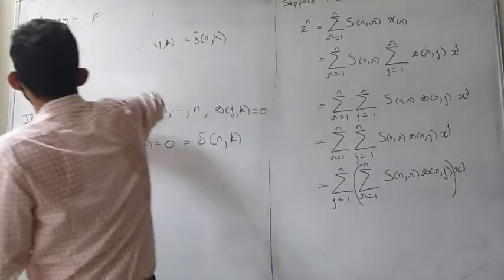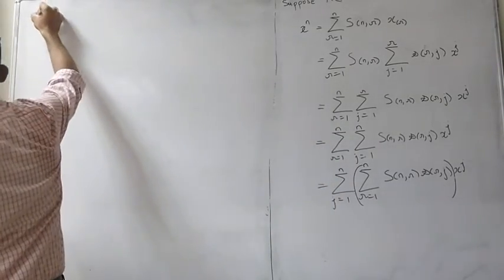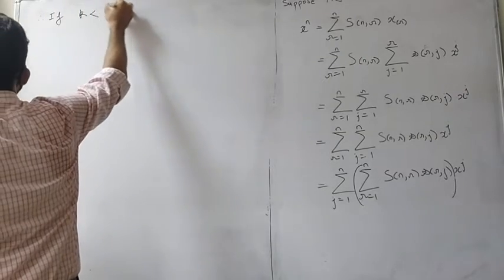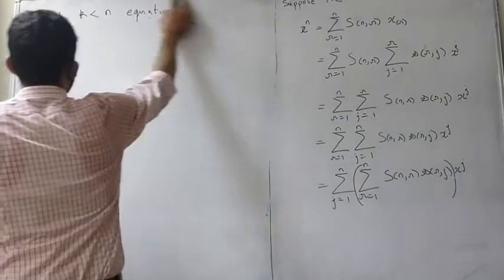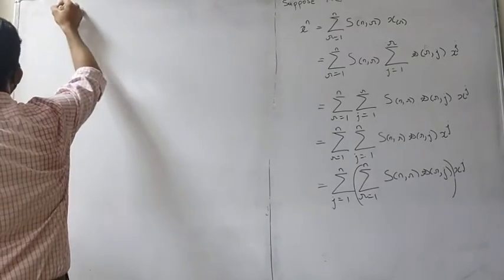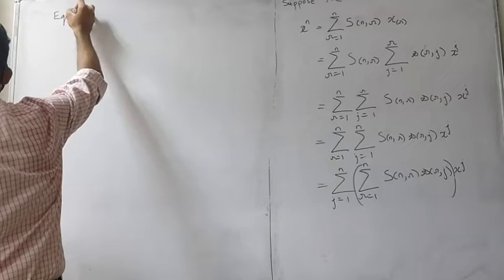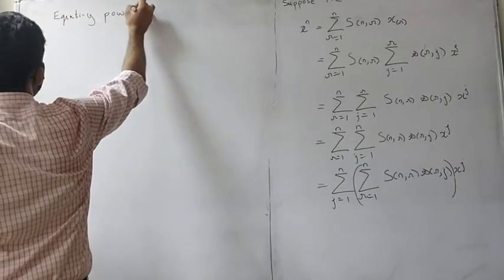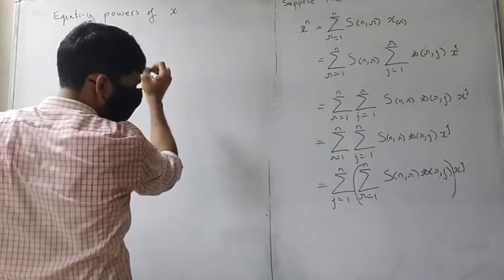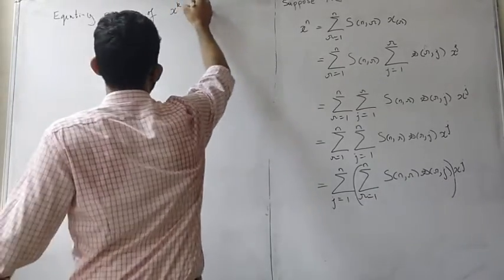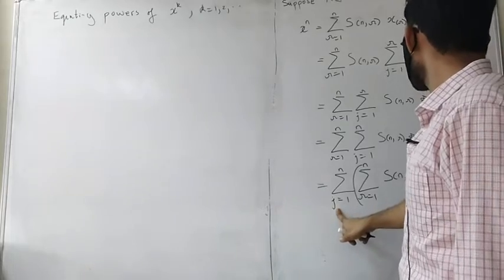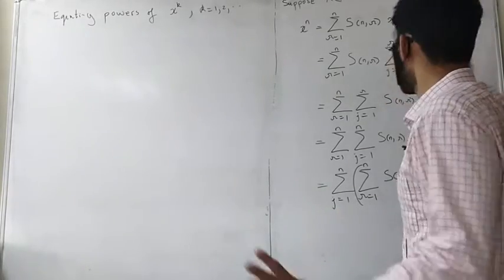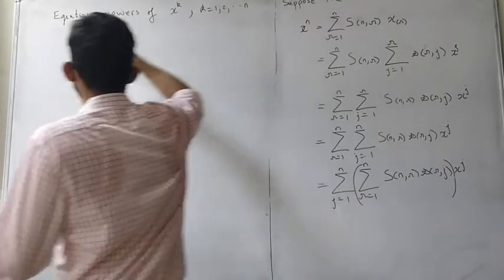So what you notice here, therefore, equating powers of x raised to, let us call it k, for k equals 1 up to n on both sides.